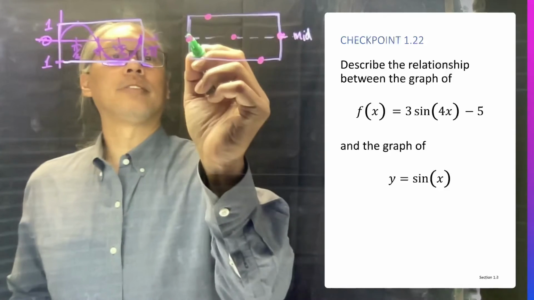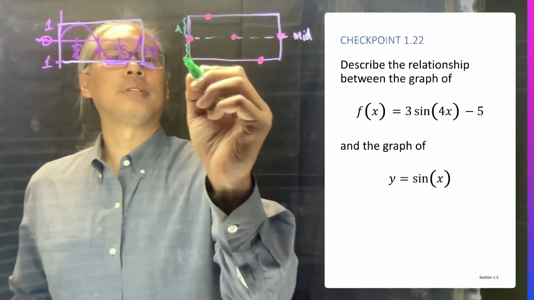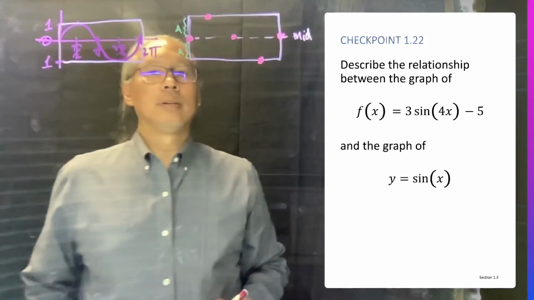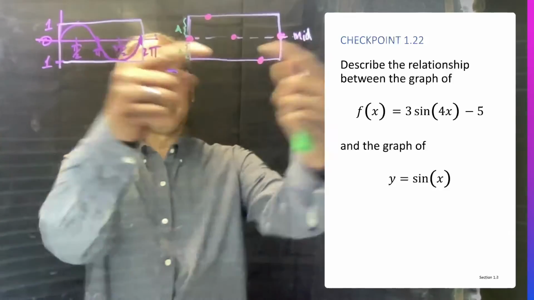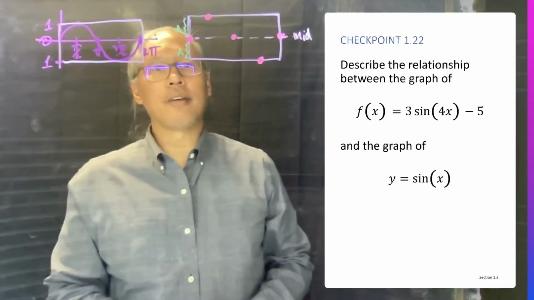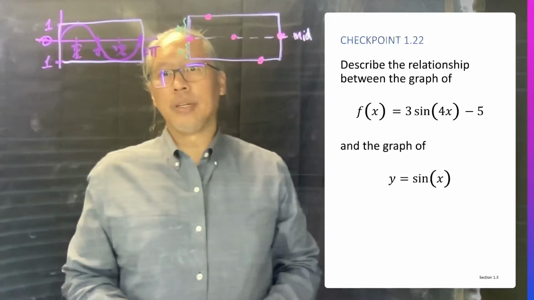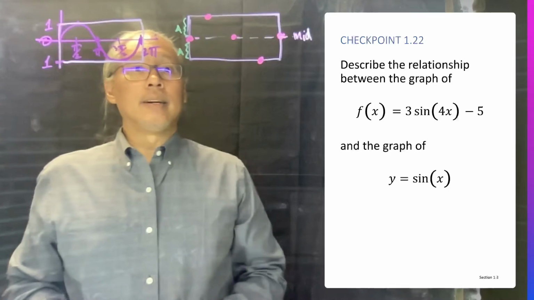Aside from the midline over here, we have what's called the amplitude. So the amplitude is, from the midline, how far does it go to the top and to the bottom of the graph? And that's going to be described by the amplitude. And what else?